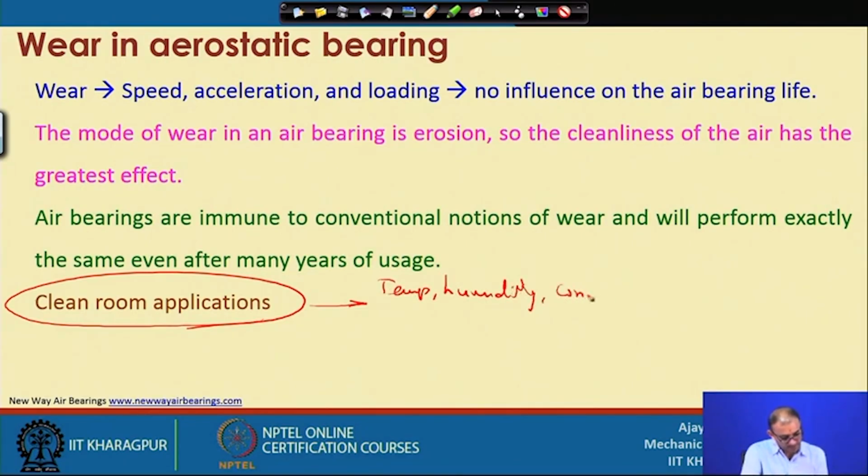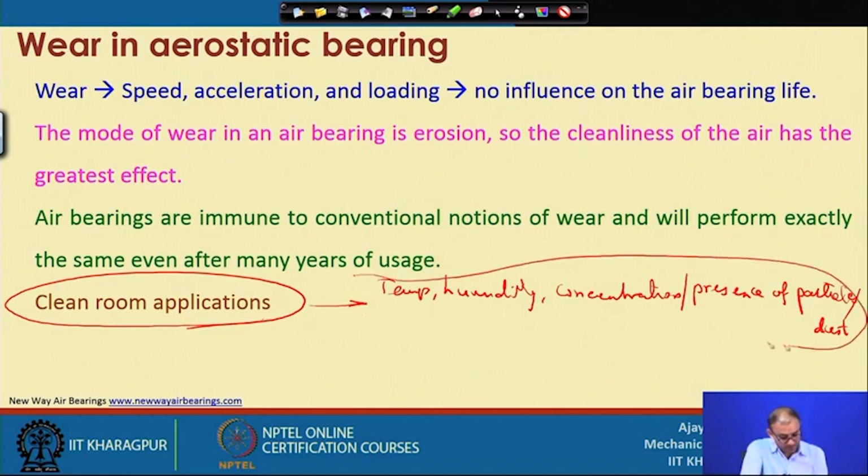concentration or presence of particles or dust, or you can maintain many other things. If you maintain one particular limit, then there are clean room ratings.